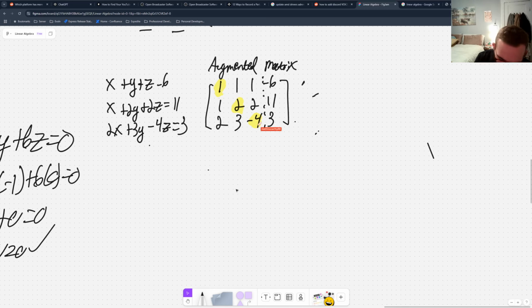We probably want to maybe subtract row 2 from row 3 to get that 1 in row 2. I don't know. So we want it to look like this. Where we have 1 here, 1 here, 1 here, 0 here, 0 here, 0 here.